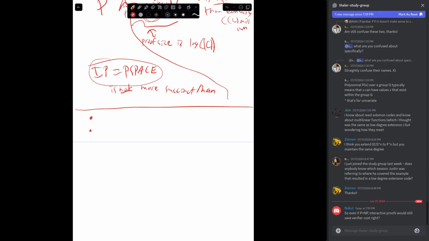So the book does discuss that if you want to save the verifier a lot of work compared to what it could do without access to a prover, and you want statistical soundness, so an actual proof, you need a lot of interaction.